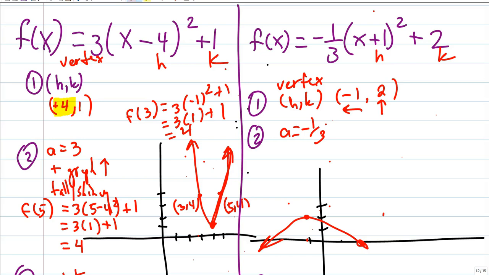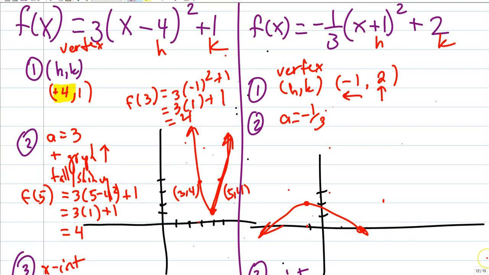That won't be enough for the homework. What you're going to need to do is get another point. So here's the problem, though. If you plot something like 0, you're going to end up with a fraction. How do I know? Well, if we plug in a 0 there, 0 plus 1. So that's not going to actually clear that out. I'm going to end up with 1/3 plus 2, or 1 2/3.